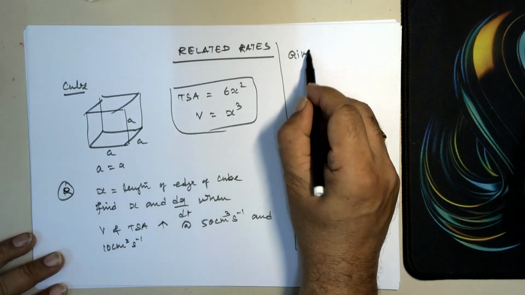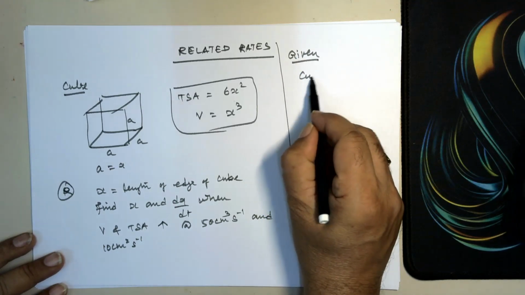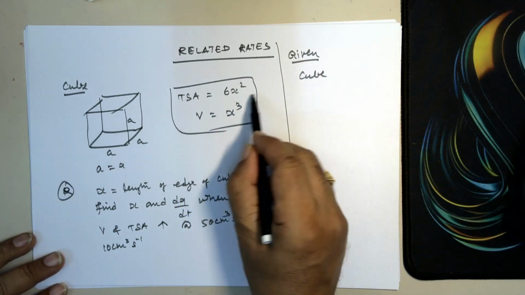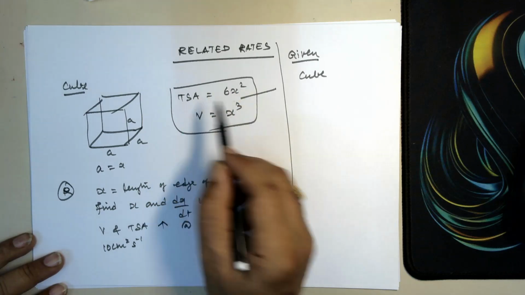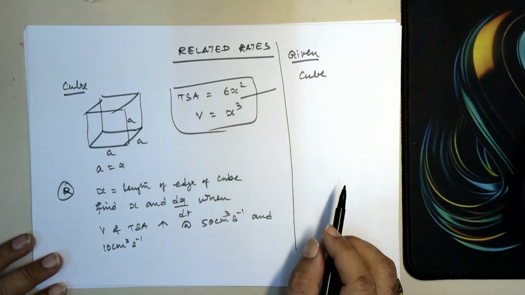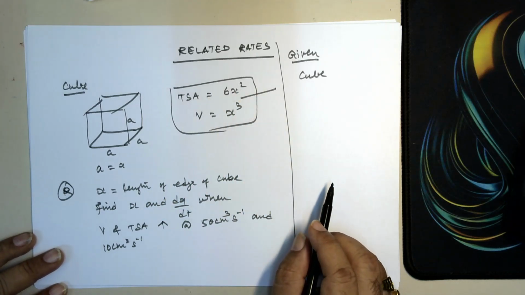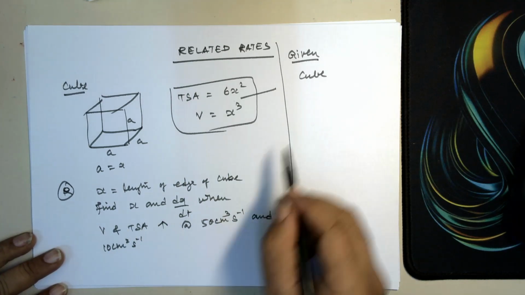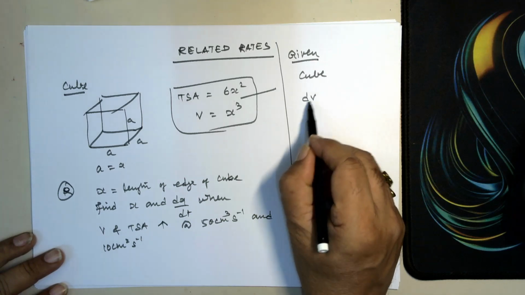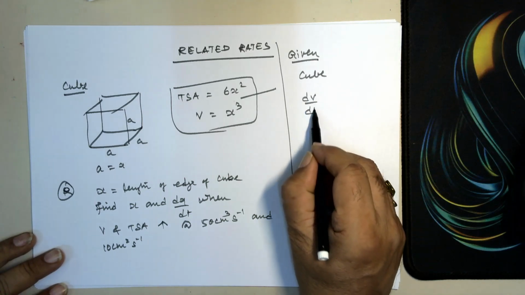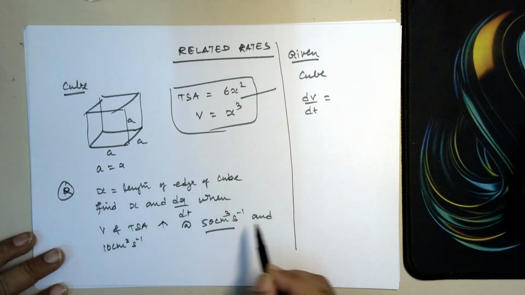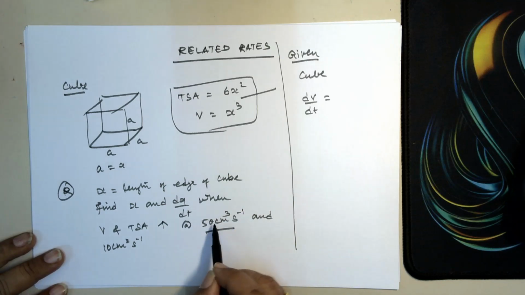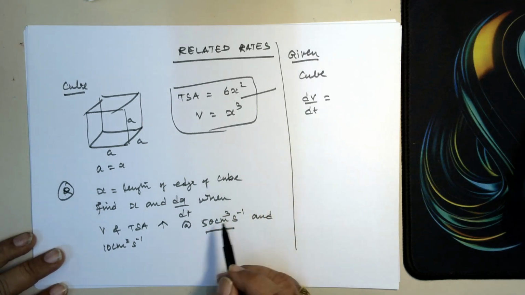Now, given this is a cube, and we know the formula, that is 6x squared for TSA and x cube for volume. Now, what is given here? The increase in volume and increase in TSA is given. So it means dV by dt is given. How much? Based on the unit, you can easily identify. Cubic centimeter is a volume.